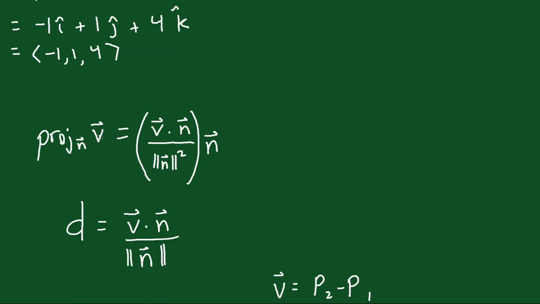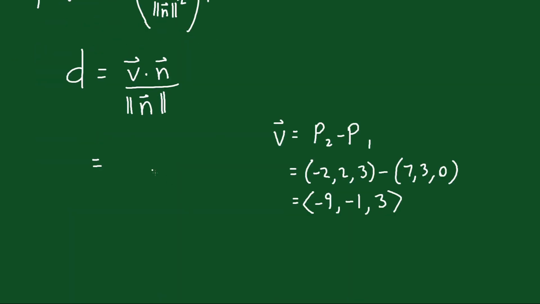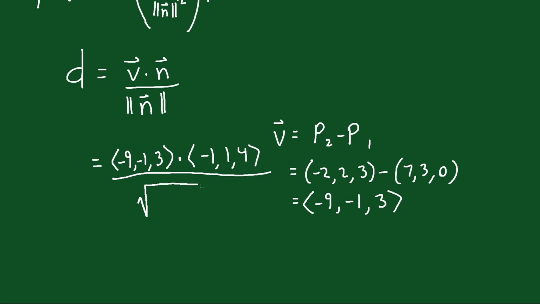Okay, so we're going to do the dot product between -9, -1, 3, and -1, 1, 4. And after we do that dot product, we're going to divide by the magnitude of vector n, which is just -1 squared plus 1 squared plus 4 squared, all square rooted.